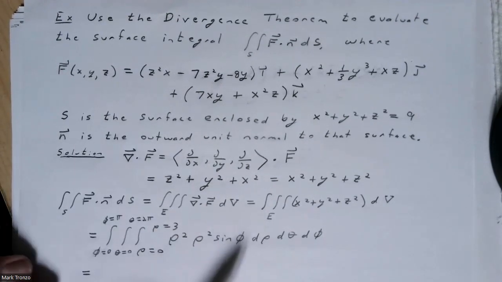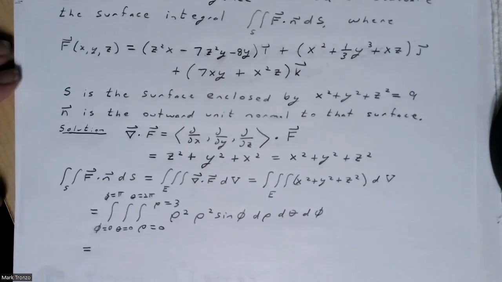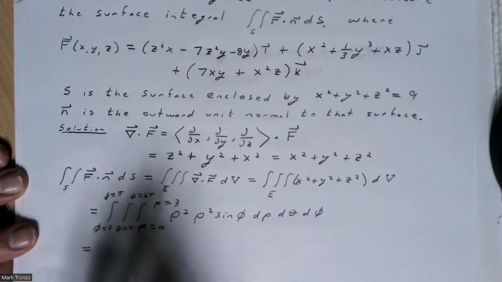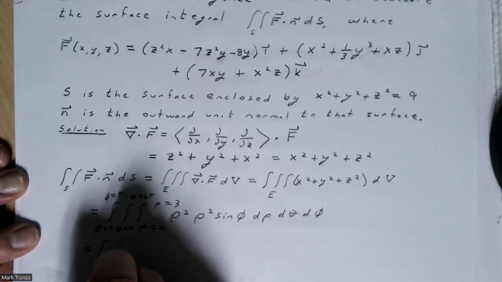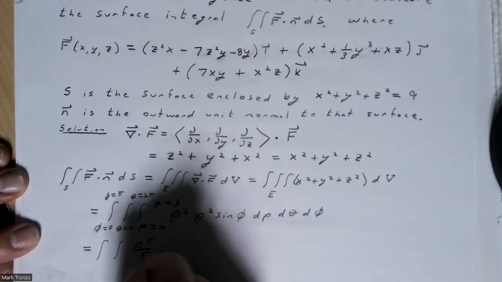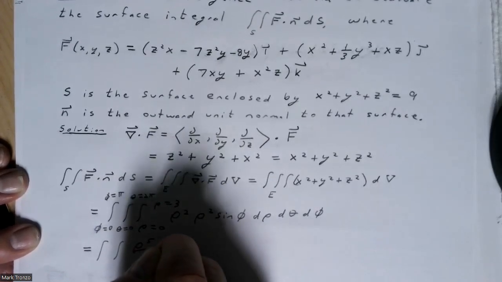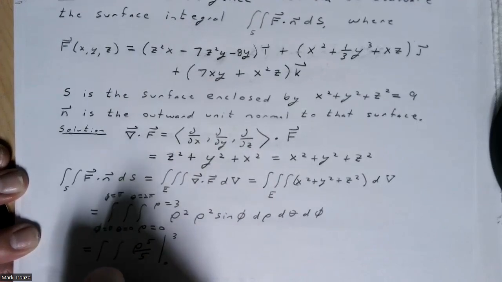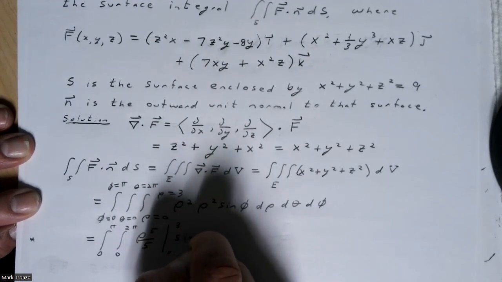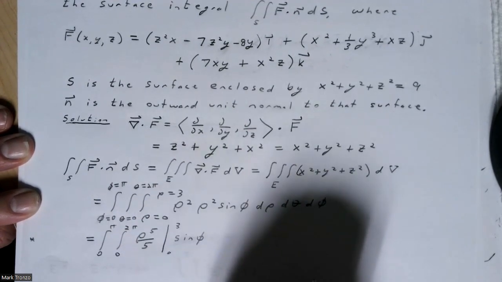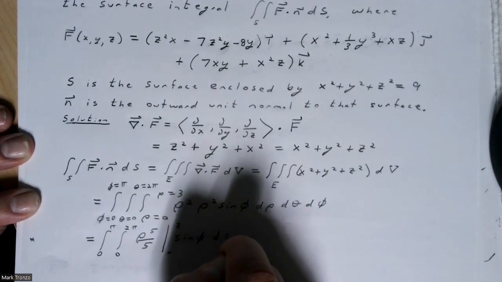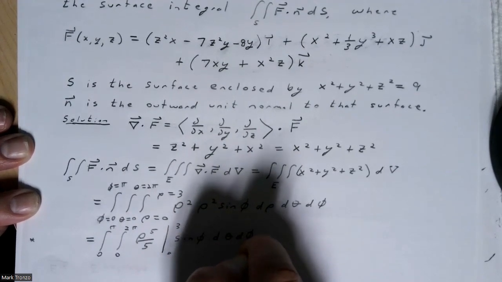Notice that this is rho to the 4th. So when we integrate that, we'll get rho to the 5th over 5. And that's going to be evaluated from 0 to 3. And we'll be left with d theta d phi, like this.